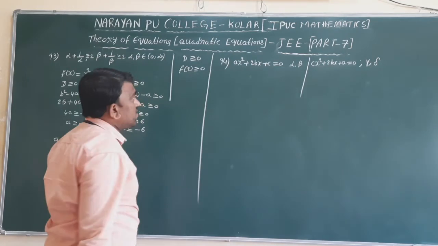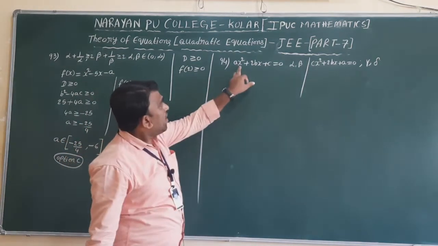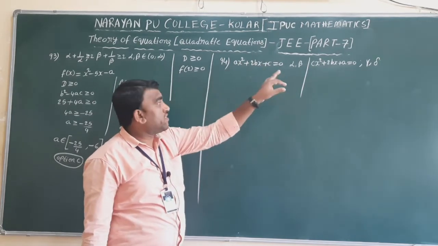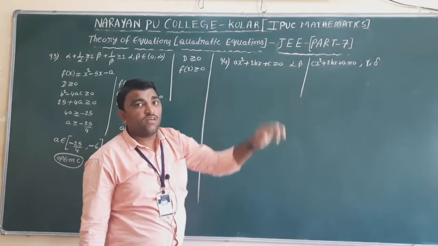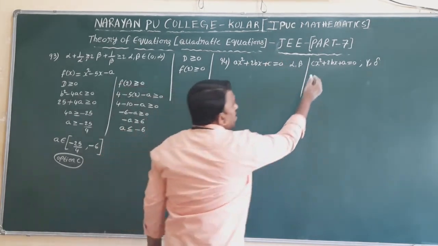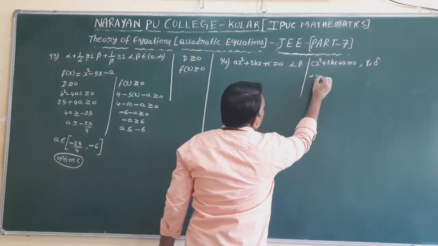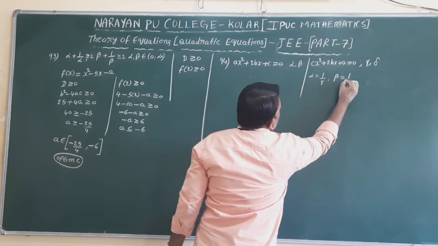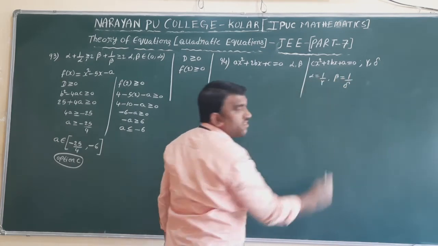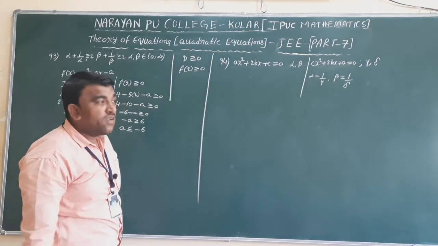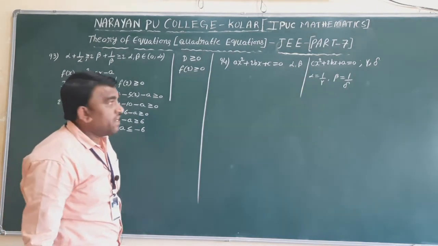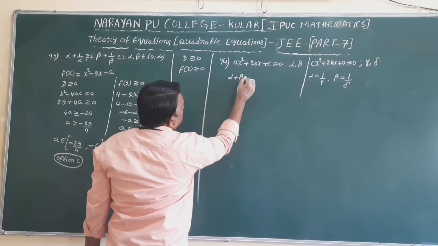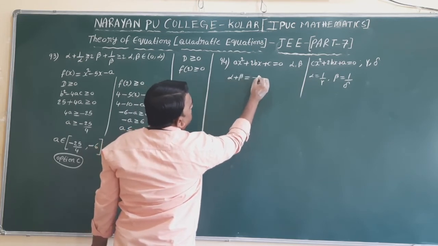If you observe this here, the middle term 2bx is the same, the extreme values are interchanged, which means the roots are reciprocal. So from this alpha equal to 1 by gamma, beta equal to 1 by delta. Roots are reciprocal. Otherwise, interchanged, you can take gamma equal to 1 by alpha, delta equal to 1 by beta. Sum of the roots is minus 2b by a.